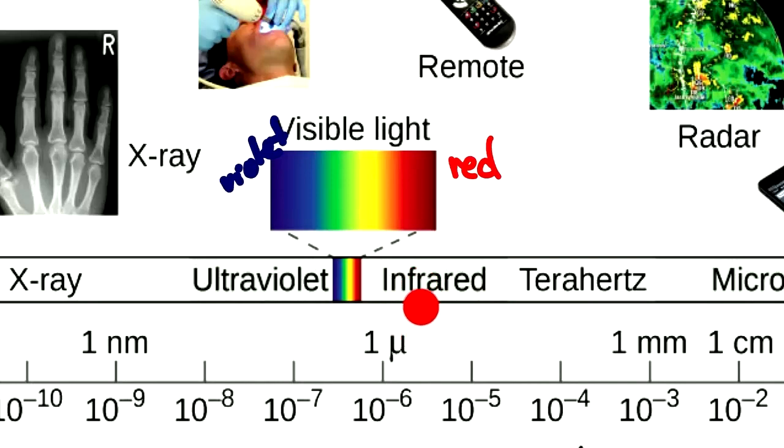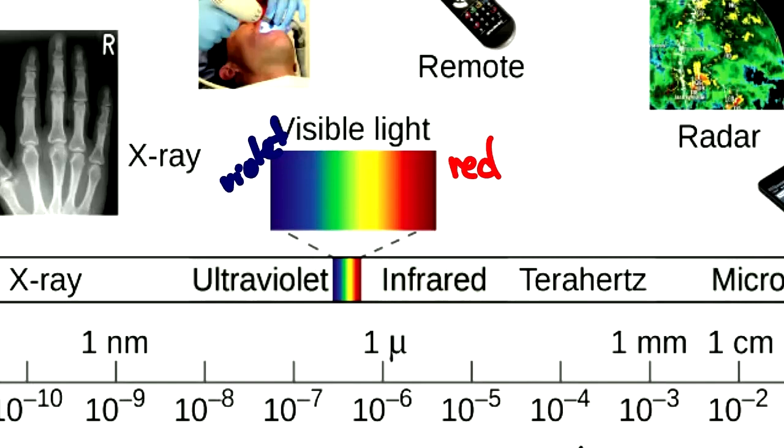We can't see infrared, but it is a type of light that's lower energy than visible. On the other side of violet, our high energy light, is ultraviolet. That's UV light, what comes from the sun and gives us sunburn. So there's high energy light there. Do know the relative order of the energies.